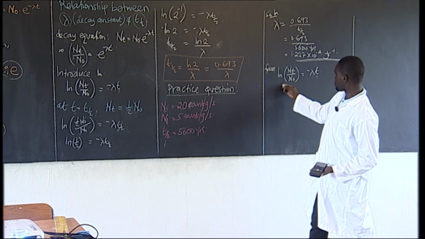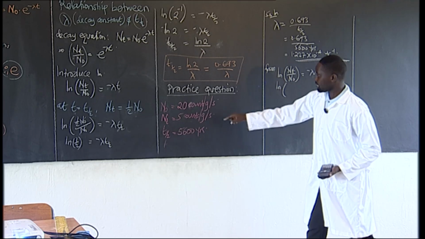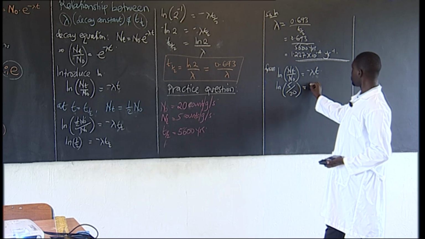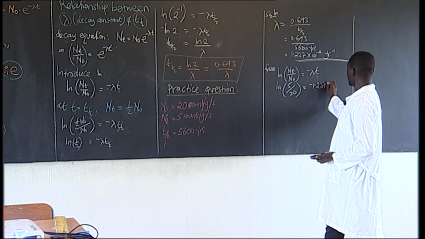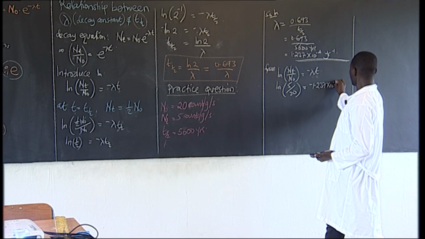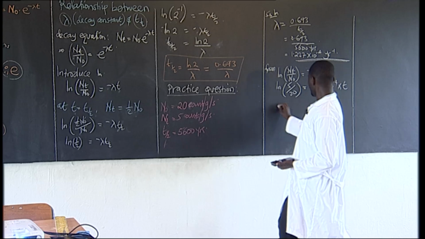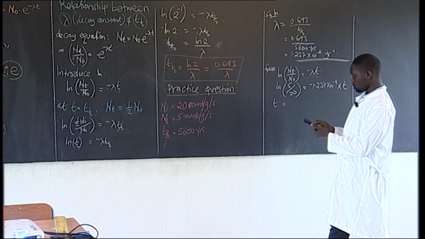Can we simply substitute? So ln(Nt/N0), which is 5 over 20, equals negative 1.237 × 10^-4 times time. So what will be time directly? If we can simply substitute.